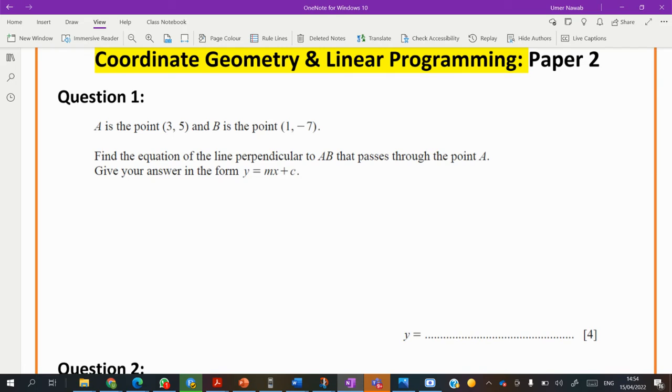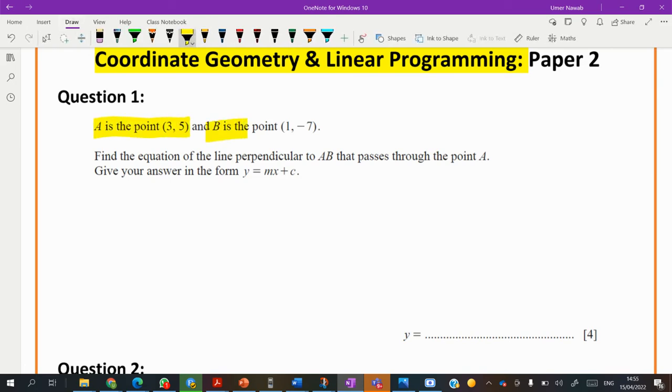So the very first question: A is a point and B is a point, so both points are given. It says find the equation of the line perpendicular to AB. So guys, the word perpendicular: if this is A and this is B, this line is joining A and B. A line which is perpendicular to AB is like this, making 90 degrees with the line AB.